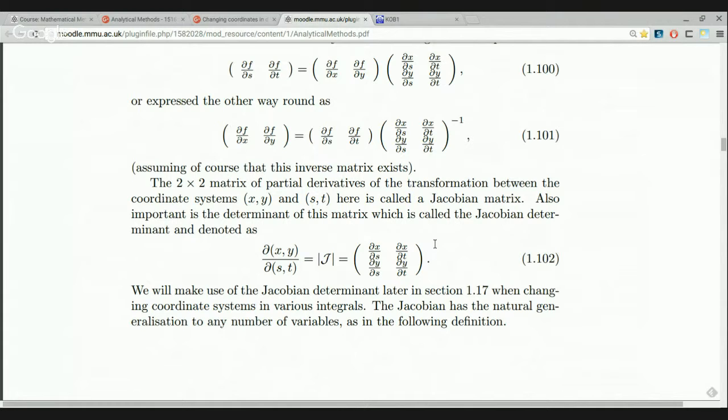We have dx/ds, dx/dt on the first row, and dy/ds, dy/dt on the second row. Now this is alternatively called the Jacobian matrix, and the determinant of it is called the Jacobian determinant. Sometimes the term Jacobian is a bit ambiguous. They could be talking about the matrix or the determinant by just using the word Jacobian.